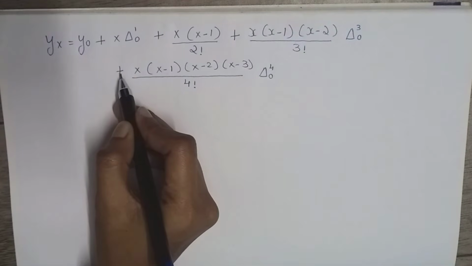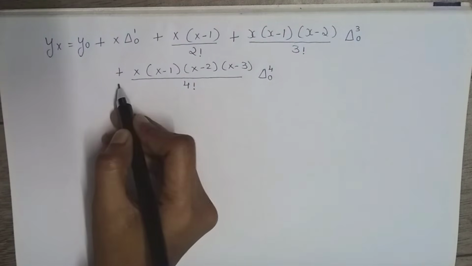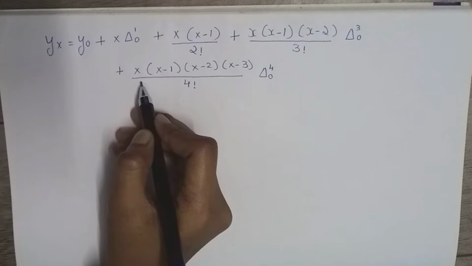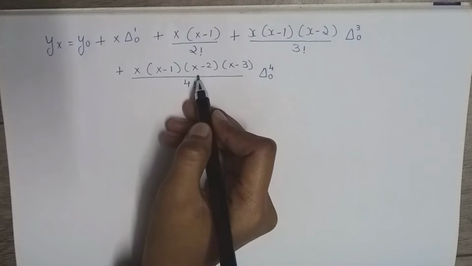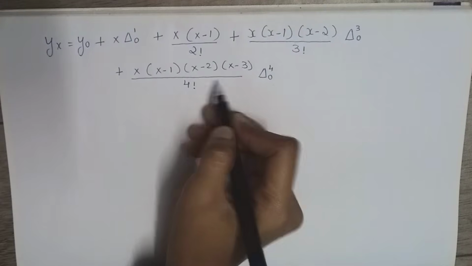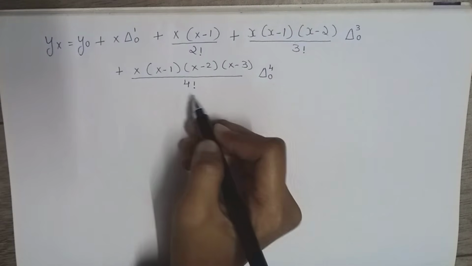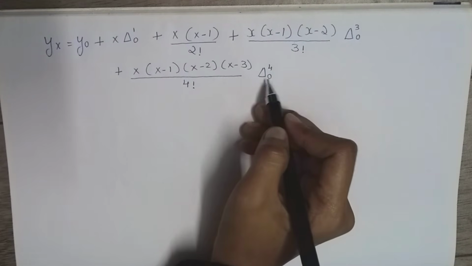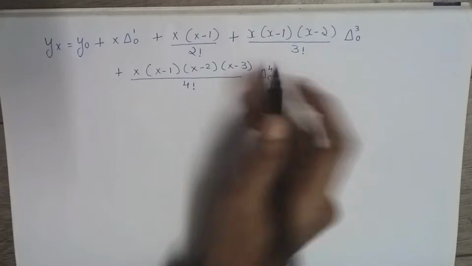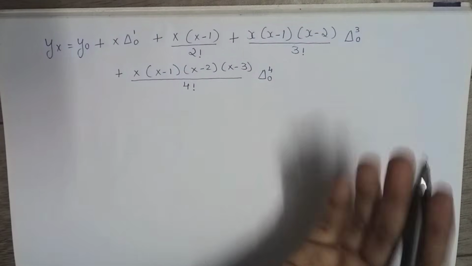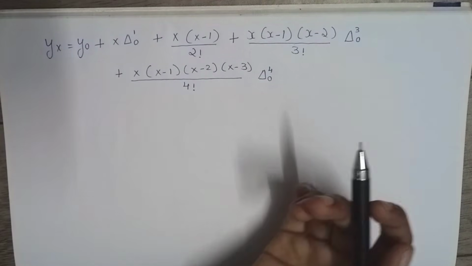Here it continues, so plus x of x minus 1, x minus 2, x minus 3 divided by factorial 4, delta 0,4.